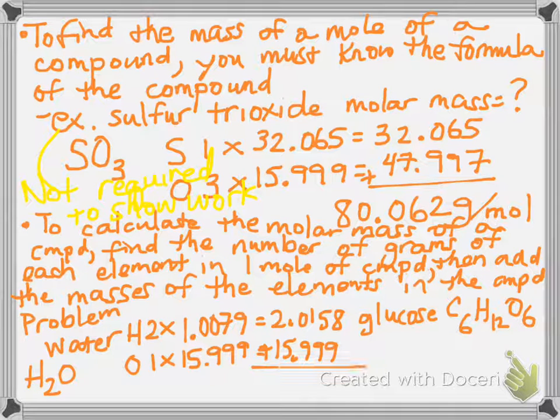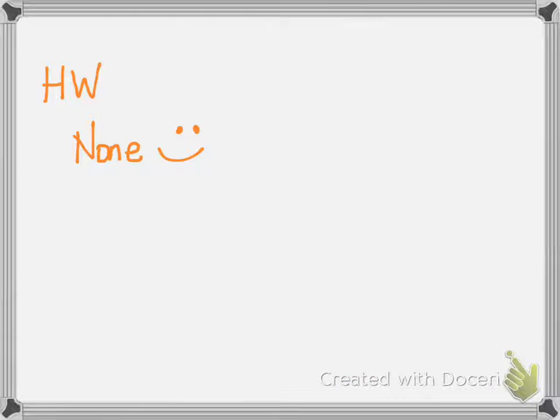I'm going to add these two together, and I get 18.0148 grams per mole because it's molar mass. All right, here's your glucose. Yes, you don't have any homework tonight, so here's glucose.